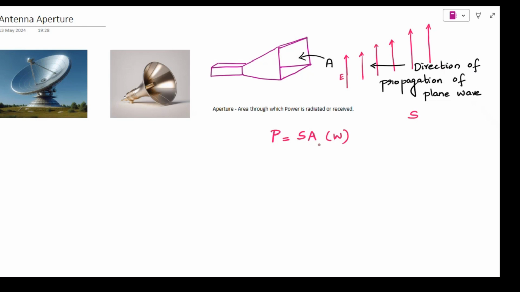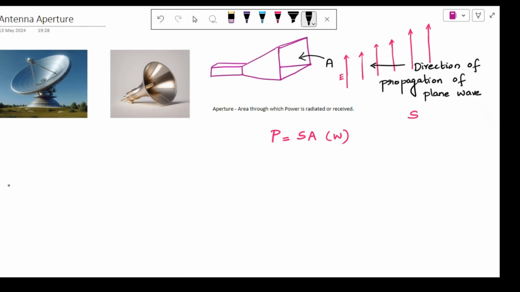Now, when you consider apertures based on the type of losses, there can be radiation losses, scattering losses. There are different losses which could occur across the antenna.